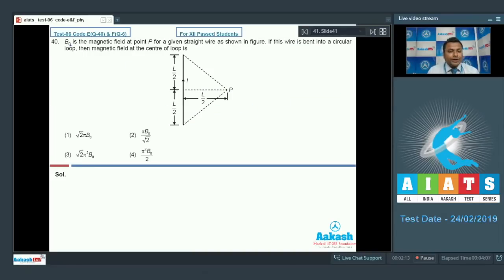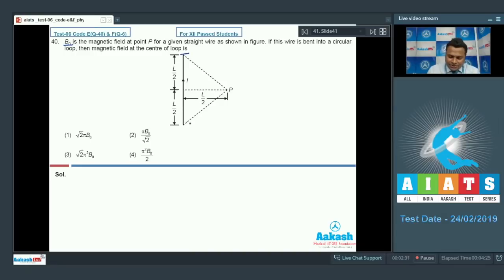Now let us proceed to the next question, that is question number 40. Here is question number 40. B naught is the magnetic field at point P for a given straight wire as shown in the figure. If the wire is bent into a circular loop, then the magnetic field at the center of the loop will be what?